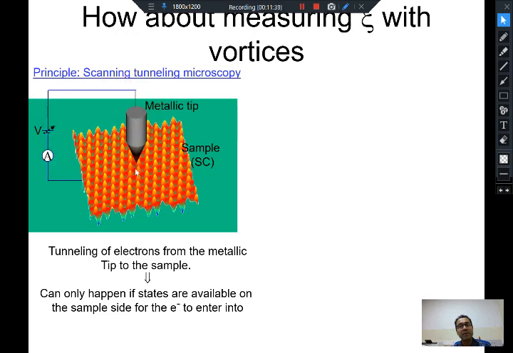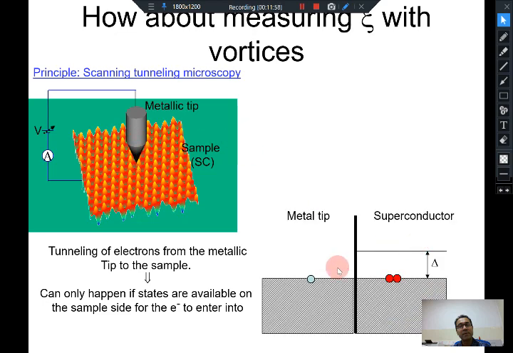By measuring this current, you can measure the density of states present on the surface. As you know, in a superconductor, around the Fermi energy there is no density of states available, so there should be no tunneling. The basic idea is that on one side you have a metal tip, and on the other side a superconductor, which has a gap.